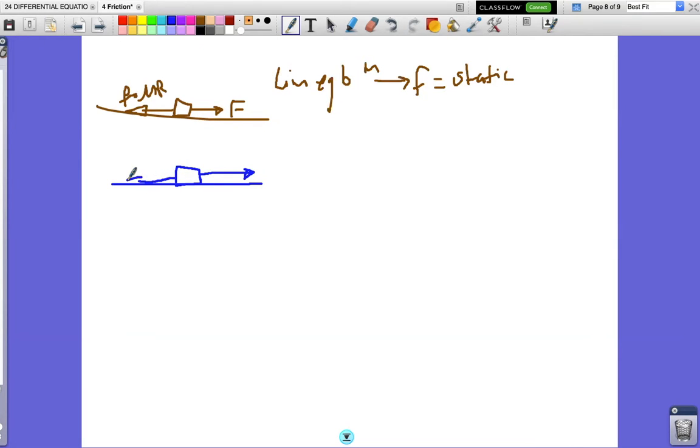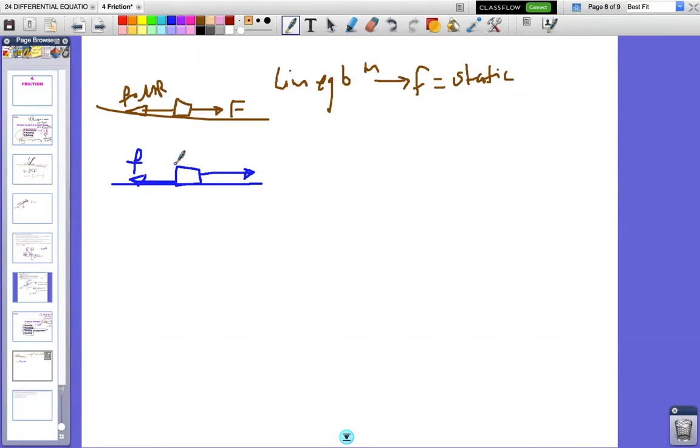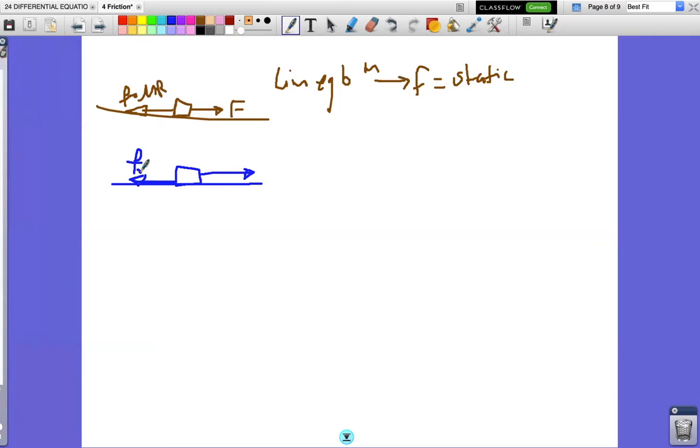And then you have another frictional force here. What that sentence is telling you is that in reality, for those of you who have studied physics, you would have seen that the assumption is not made that this friction is equal to mu R. So let's call this kinetic friction, Fk.